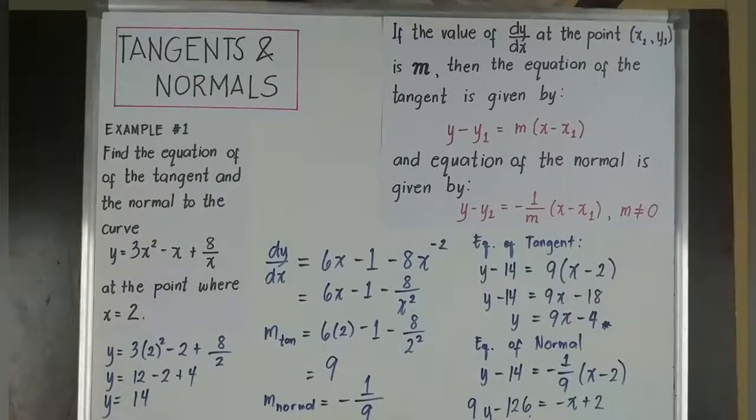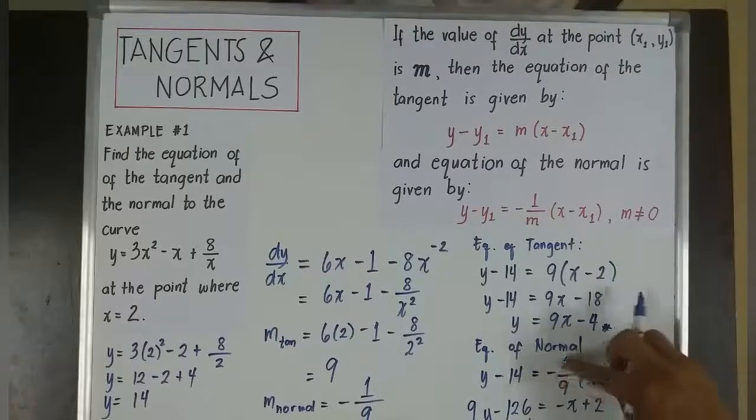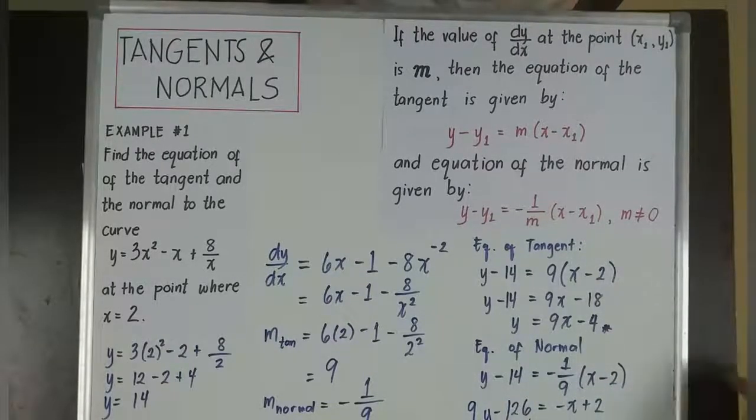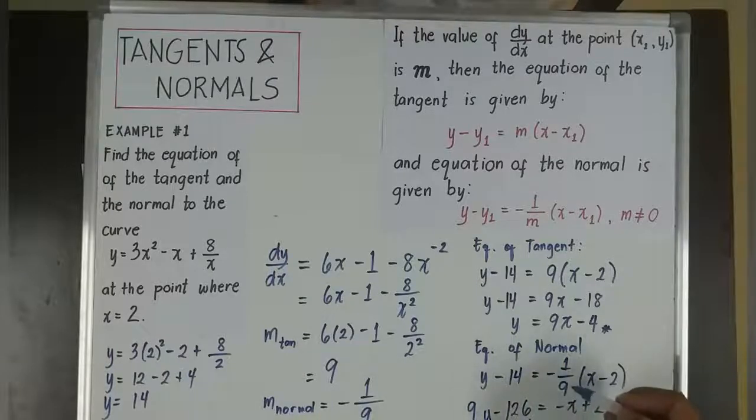Why did it become negative x plus 2? Because negative 1 times x is negative x, and negative 1 times negative 2 is positive 2. Why did it become 9y minus 126? I multiplied the whole equation by 9. So if you multiply this by 9, what will be left is negative 1.